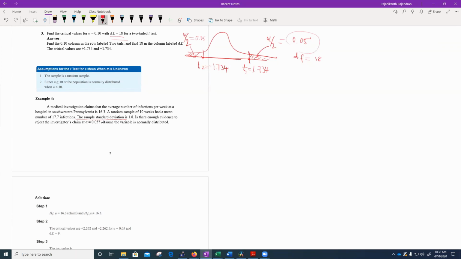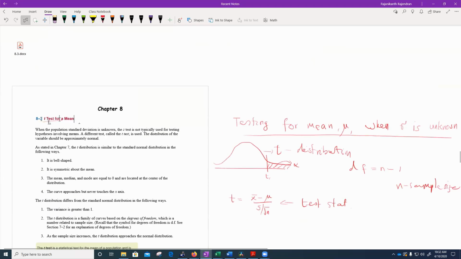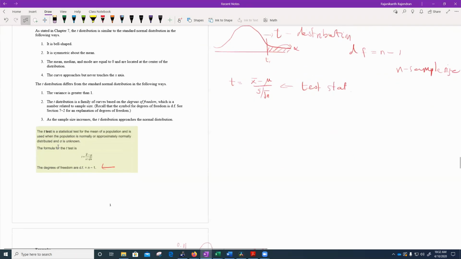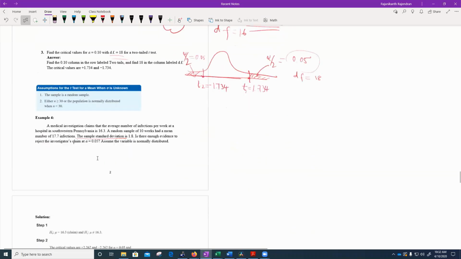Because we are doing the problem under the t-test, and I'm going to use this formula. So you should know the sample standard deviation. That is why they have given a sample standard deviation.